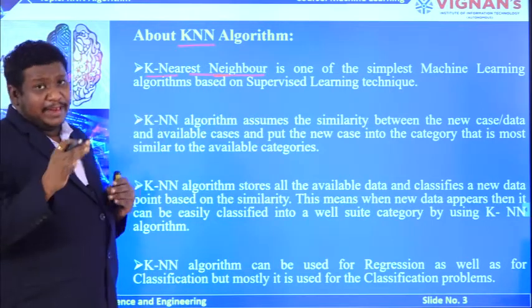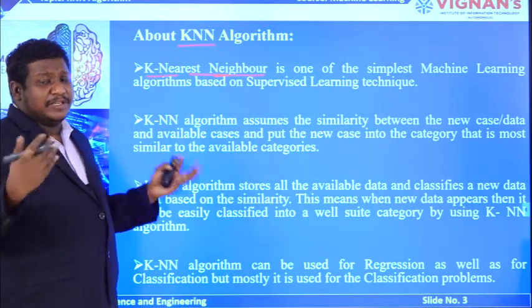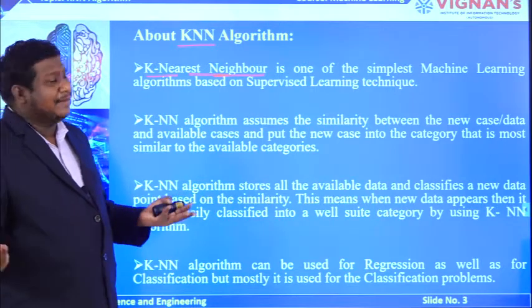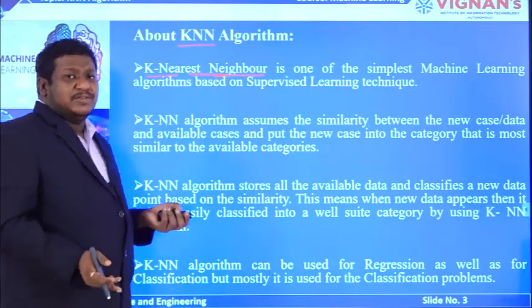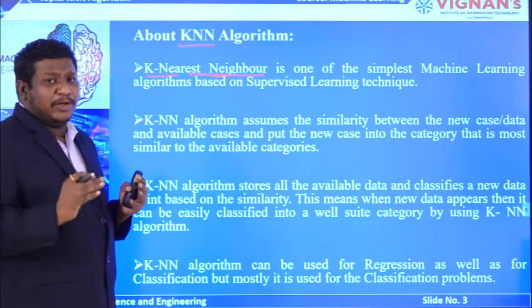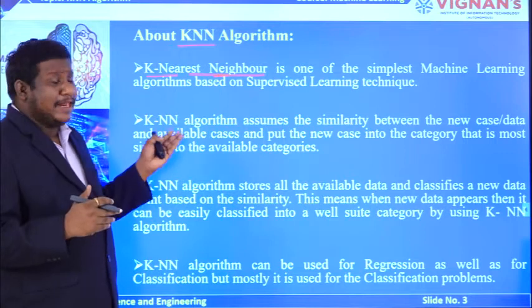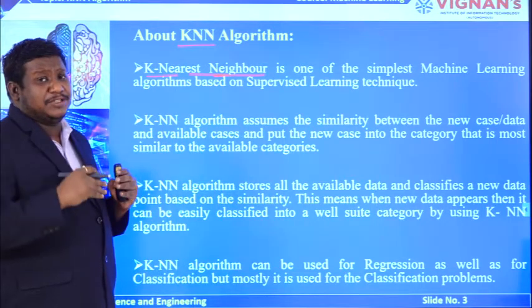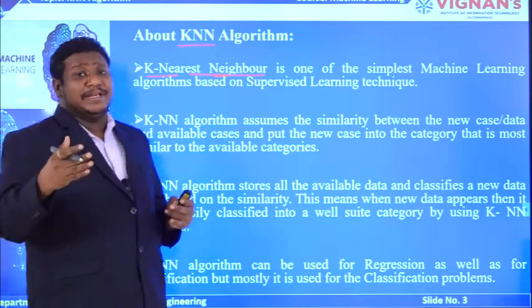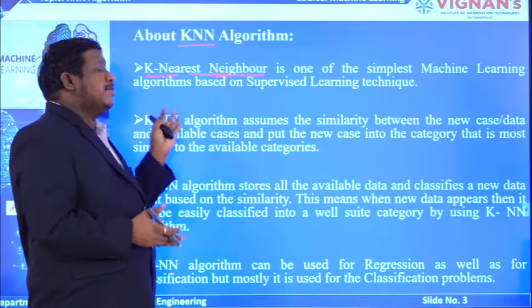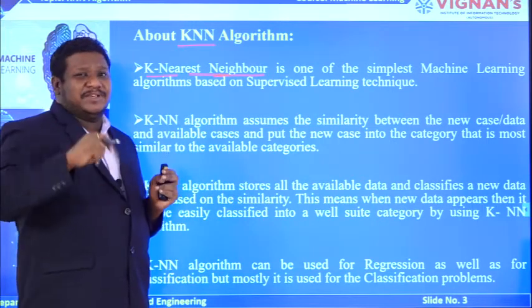So K is a value, for example K value 1 or 2 or 5 or 10 like this, and nearest neighbor. For better understanding, we can think this KNN algorithm is mainly used in classification models, though it can be used in regression models also, but mainly we use it in classification models.